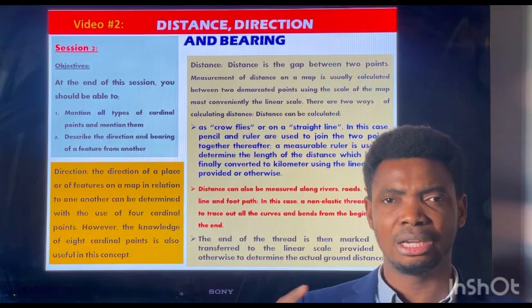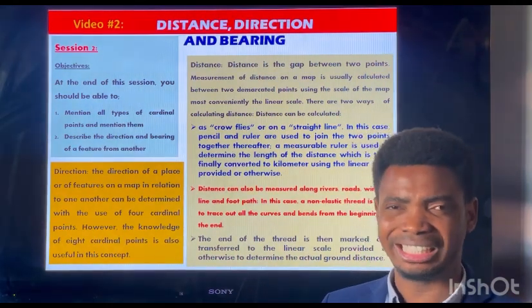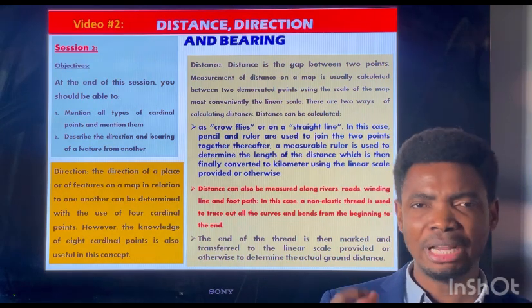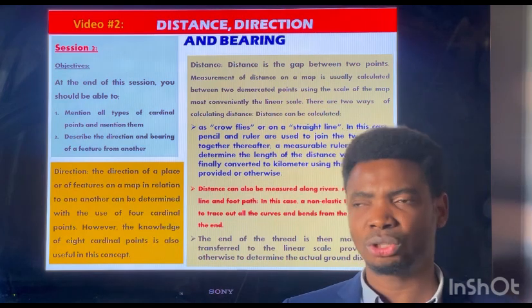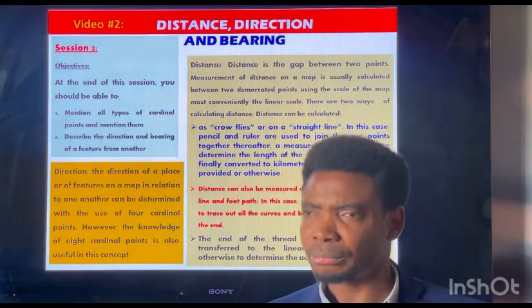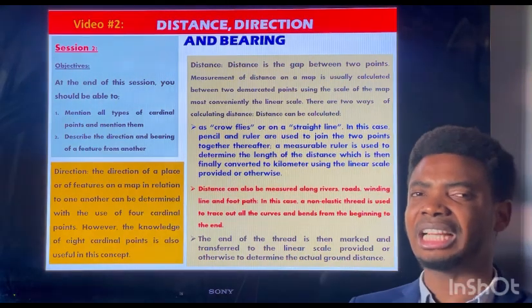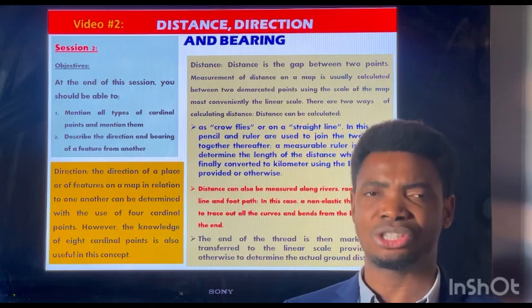And if you are to measure the distance along a curved path, such as a river path, road, railway line or footpath, you will need an inextensible thread, a non-elastic thread.